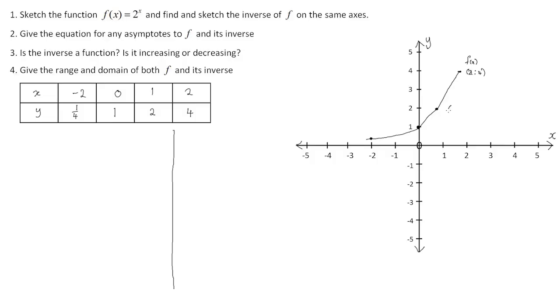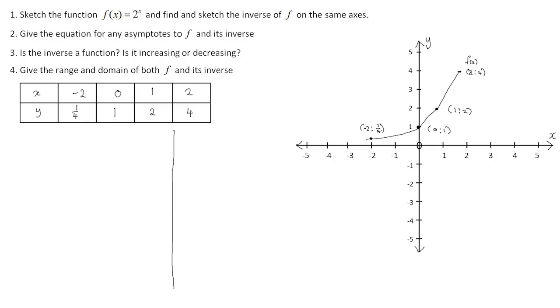And this will be 1 and 2. Right, this will be 0 and 1. And this one will be -2 and 1/4.